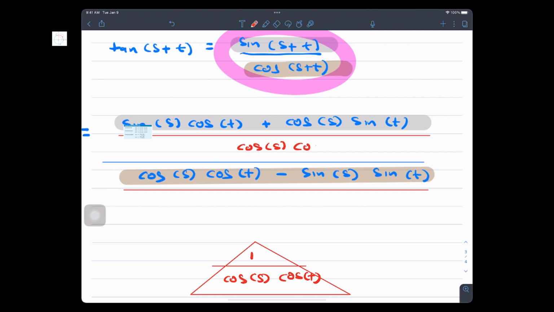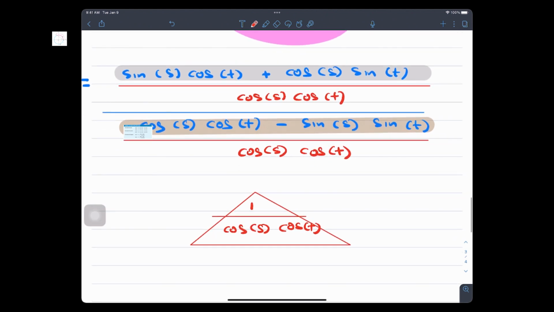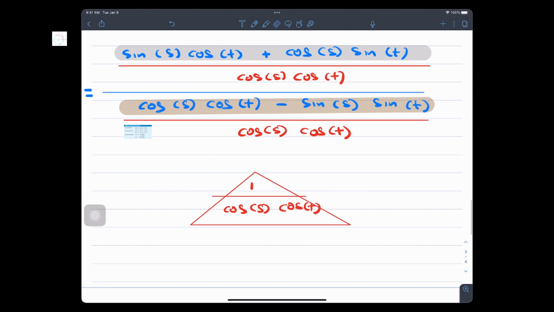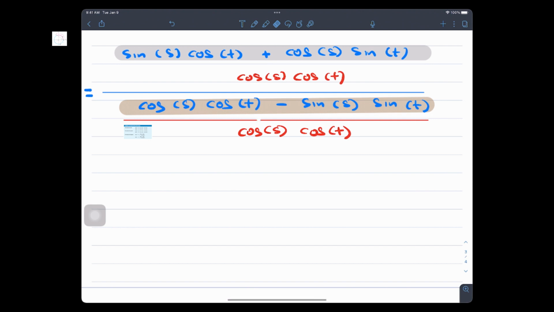Cosine s cosine t. This is equal. All right, so you say, if I divide every term by that, this is what this looks like now.